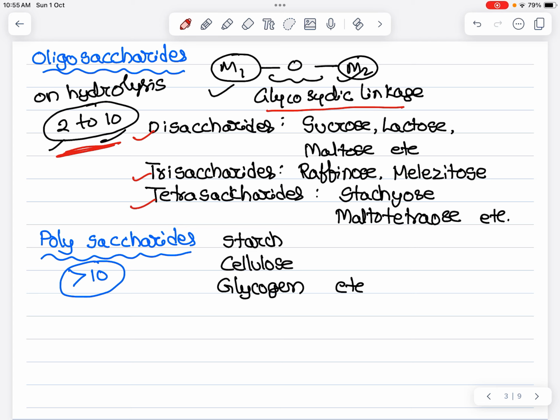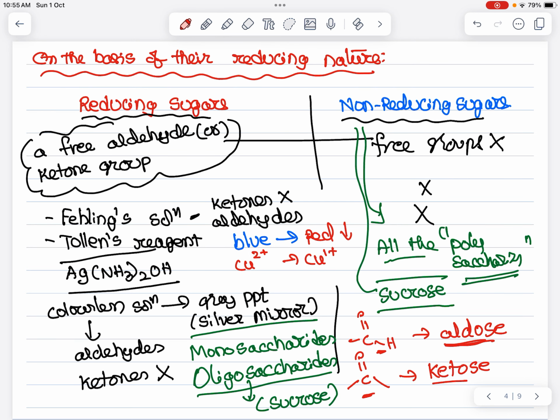Now for polysaccharides. On hydrolysis, polysaccharides produce more than 10 units of monosaccharides. Examples are starch, cellulose, glycogen, gums, etc. So we further classify carbohydrates on the basis of their reducing nature into 2 types: reducing sugars and non-reducing sugars.